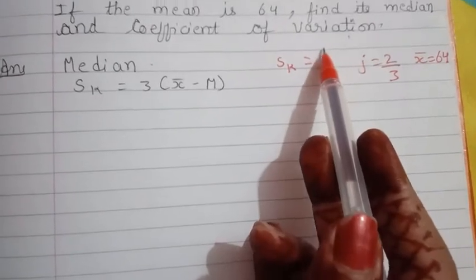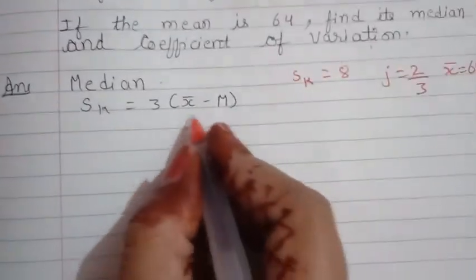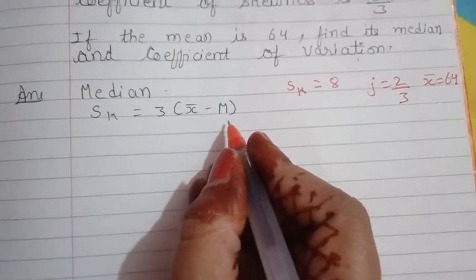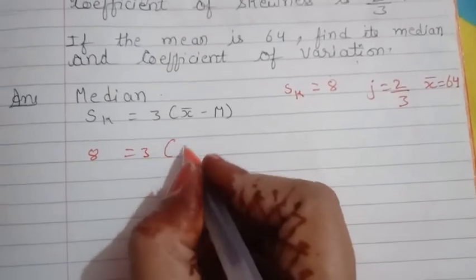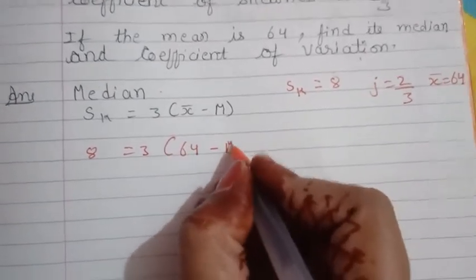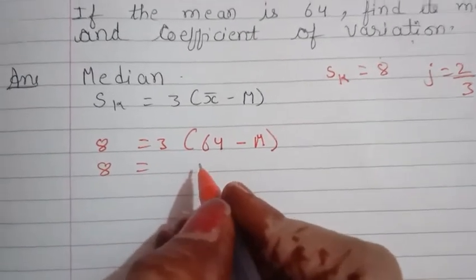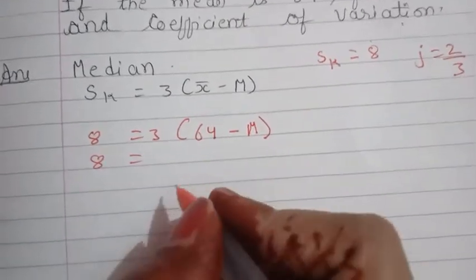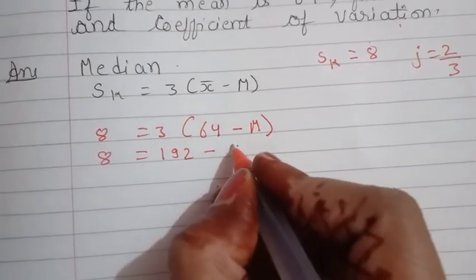So first of all, skewness is equal to 3 times x bar minus M. Skewness value is given 8, x bar value is given 64, minus median. Now here 8 equals 3 multiplied by 64, which gives us 192 minus 3M.